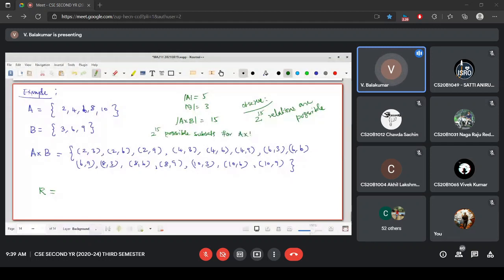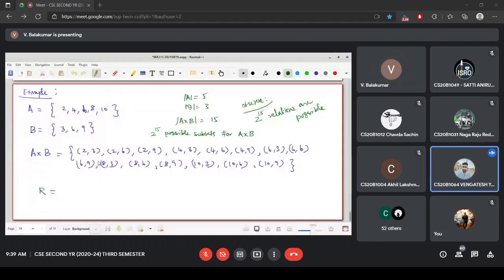Now somebody give me some relation. Give me a subset of this A cross B. Then I will explain whatever I want. Just give me any arbitrary subset from A cross B. Give me 3, 4 elements of your choice. 2, 3. Okay. 2, 6, 2, 9. Okay.